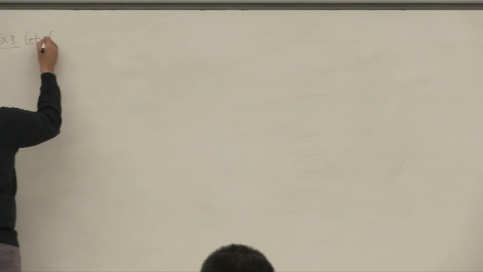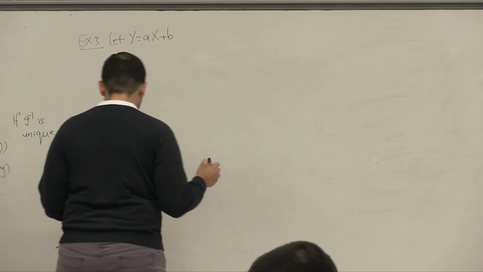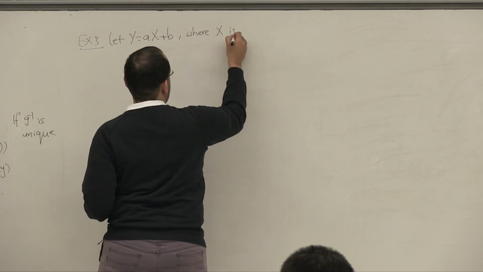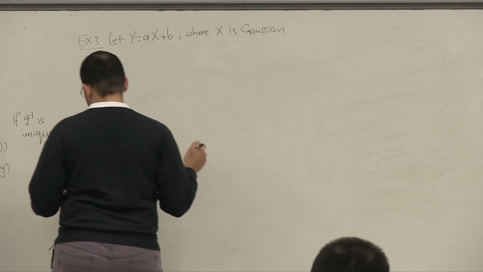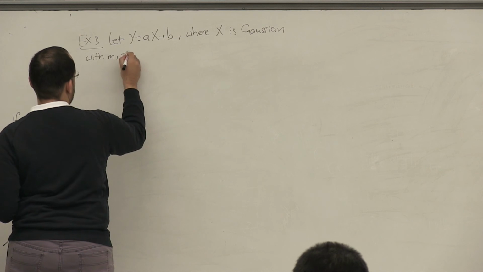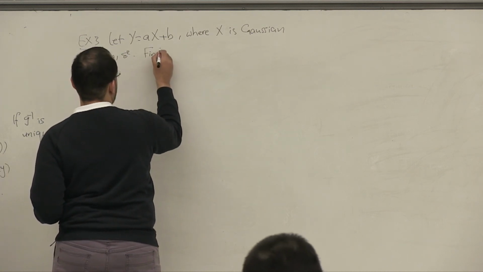Let y equals ax plus b, where x is Gaussian with mean m and variance sigma squared. Find the characteristic function of y.